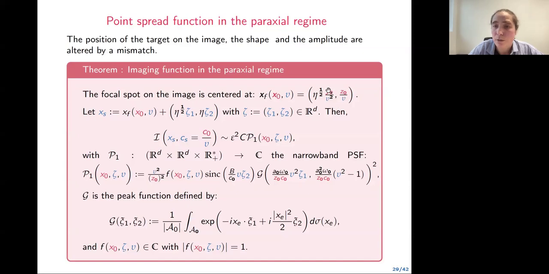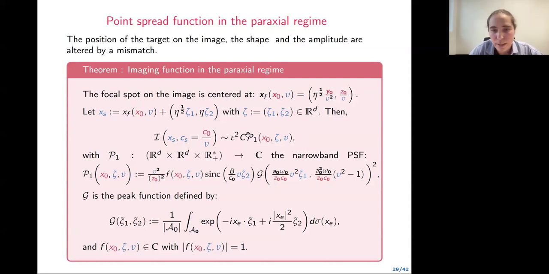It depends on the position of the reflector, x0, so y0 and z0. And it depends, of course, on the ratio of your velocity. And with this, we compute the imaging function at a point near this bright spot. So we have the point where the bright spot is plus a tiny error, and we are able to compute the imaging function here.